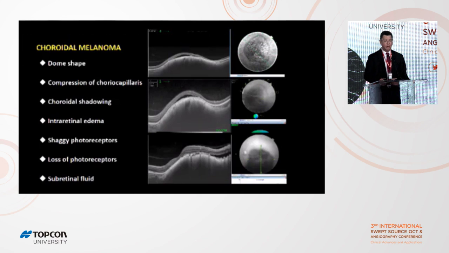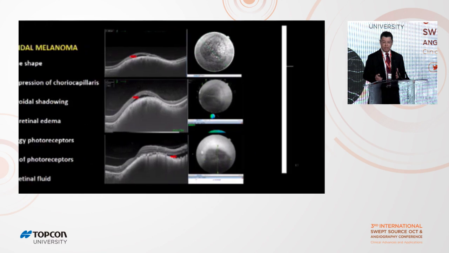For choroidal melanoma, however, the image is a little different. It's a dome-shaped lesion as well, and we can see that there is also compression of the choroid capillaries. There is choroidal shadowing, but these lesions also have a lot more intraretinal edema, shaggy photoreceptors, loss of photoreceptors, and subretinal fluid is characteristic of these lesions.